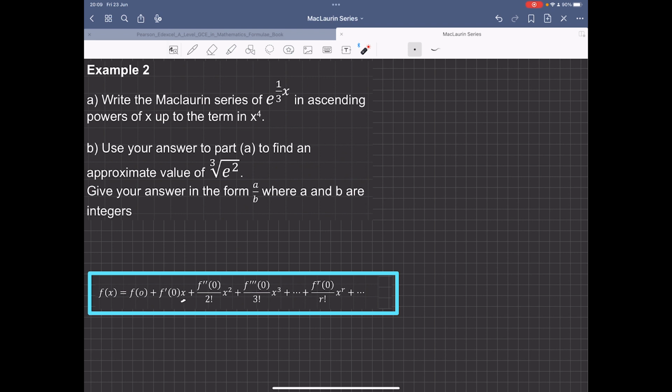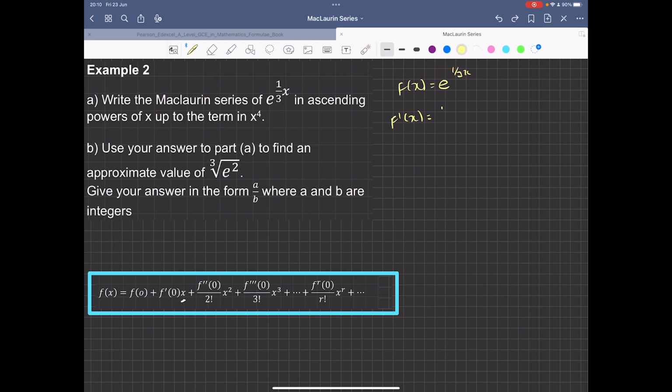So the first thing we need to do is find the higher level derivatives. So we'll write these in terms of x. We're told that f(x) is equal to e to the 1/3 x. So the first derivative, using the chain rule, we'll differentiate the inner function and bring that down.